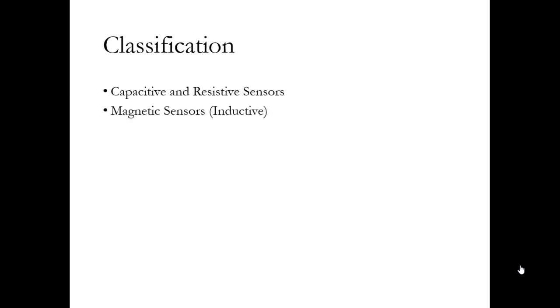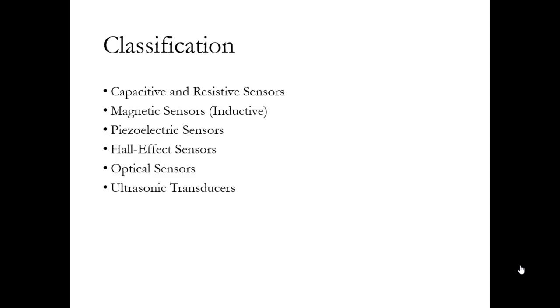Then we have magnetic sensors, which are inductive based, using the principle of magnetic induction. Then we have piezoelectric sensors using piezoelectric principles. We have Hall effect sensors, which use the principle of the Hall effect. We have optical sensors, which are based on light.